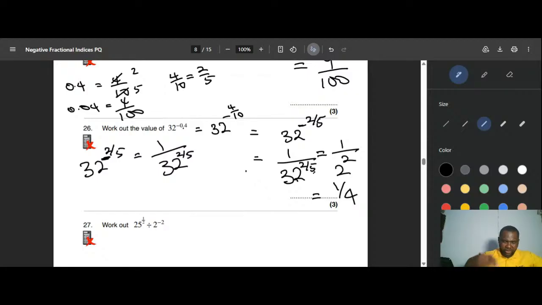I'm sure we've been doing something like that. So this will now be equal to 1 over, the fifth root of 32, which is 2, then raised to power 2. So that will now be 1 over 4.